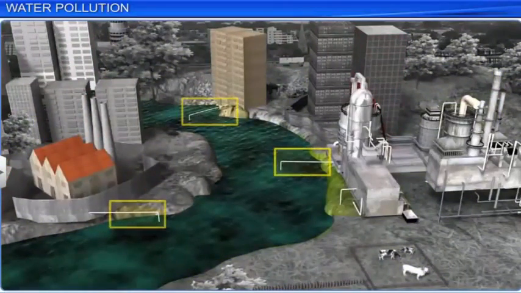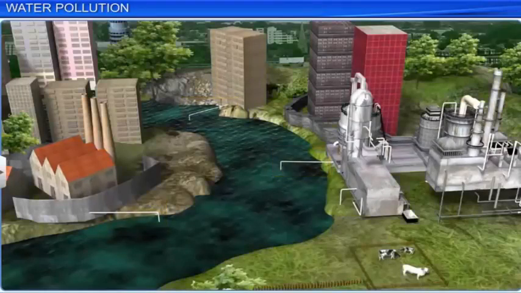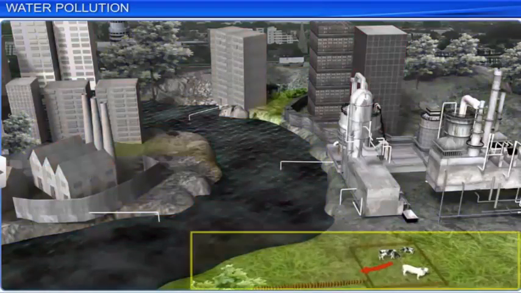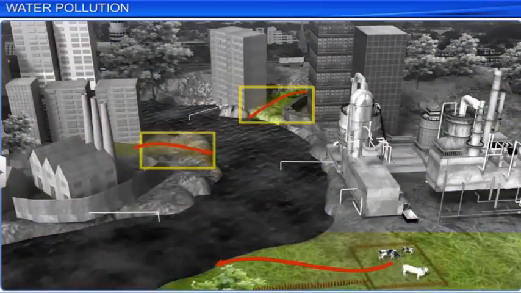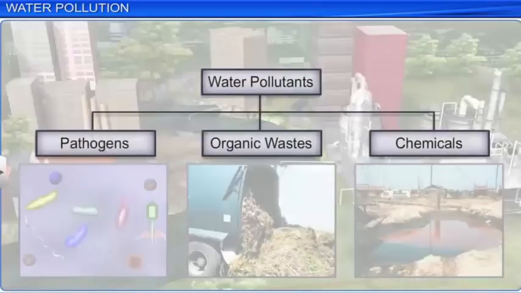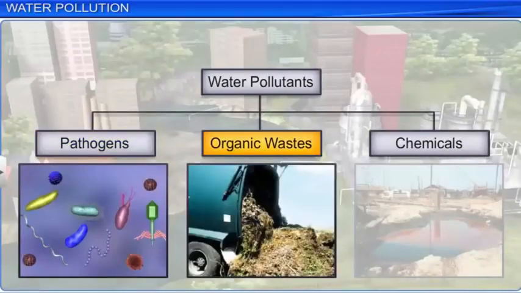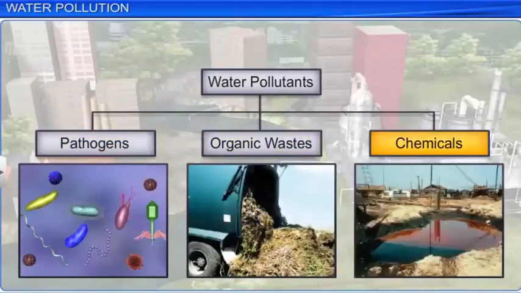Through these sources, pollutants enter the water source. Non-point sources are not easily identifiable, such as agricultural runoff from farms, acid rain and stormwater drainage from streets and parking lots, etc. These sources add pollutants like pathogens, organic wastes, and chemicals to water.